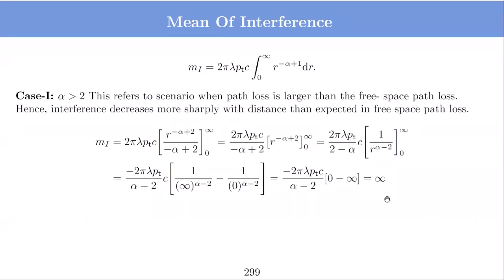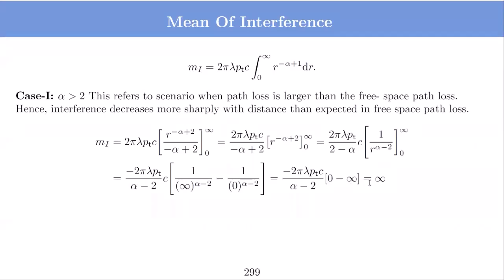If you look at this, the infinity limit shows the points transmitting from an infinite distance, and the 0 limit corresponds to transmitters located at a very close distance. The points which are very far away are not a problem, they just contribute 0. But the points located at the origin or nearby are making the whole interference infinite.